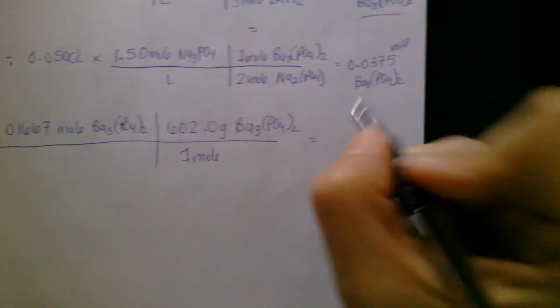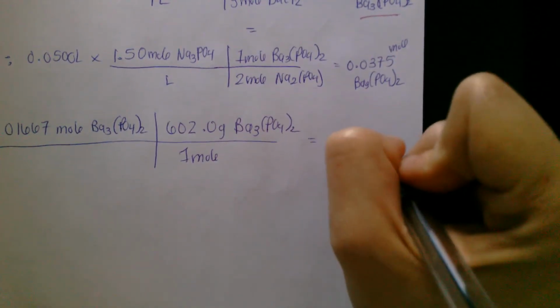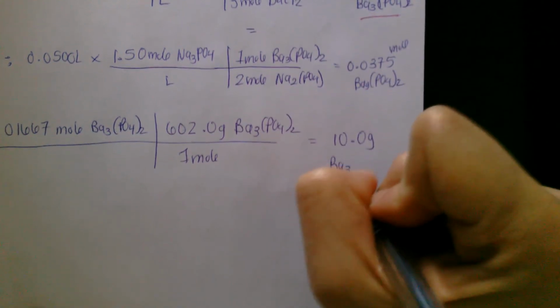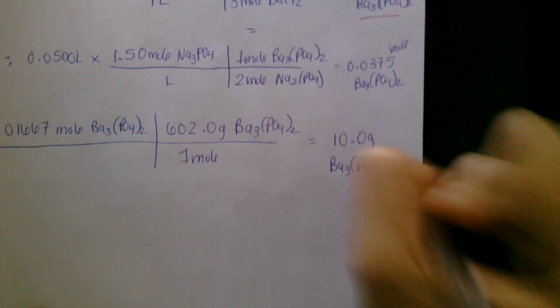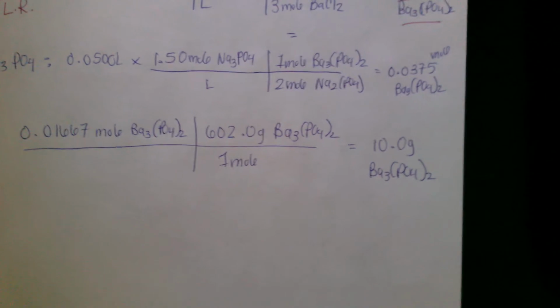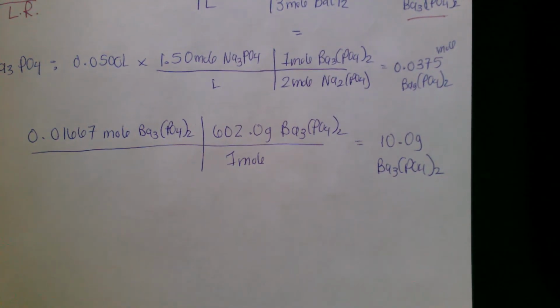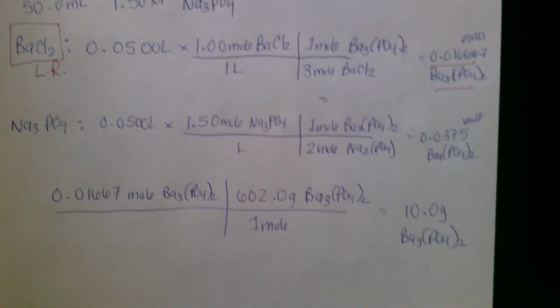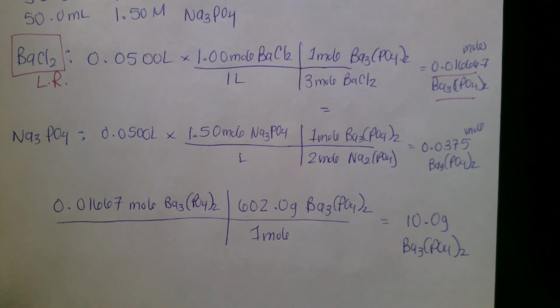So when we solve for that, we get 10 grams of barium phosphate can be produced by combining those two solutions, barium chloride and sodium phosphate.